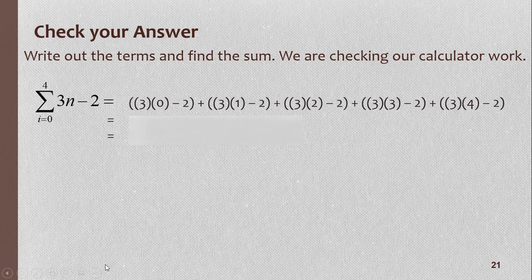Okay, if I wanted to check my answers by hand, I could write it all out. So if n is 0, 3 times 0 minus 2 is equal to -2, and so on and so forth. And it indeed equals 20. But that's definitely the hard and long way to do it. You can understand how to do it on your calculator and save yourself tons of time.